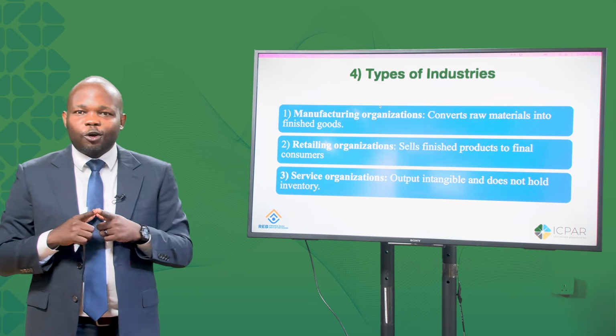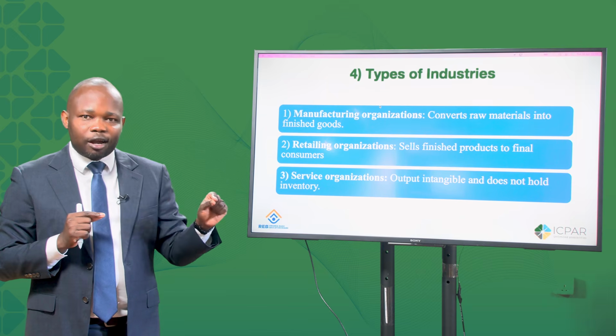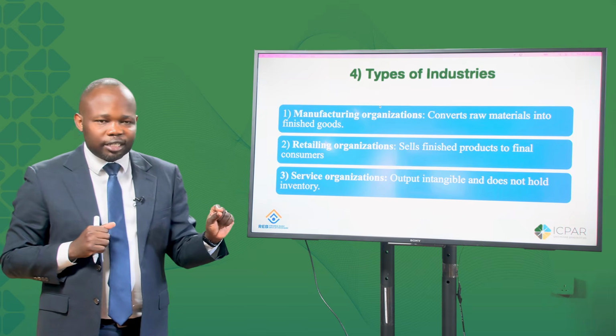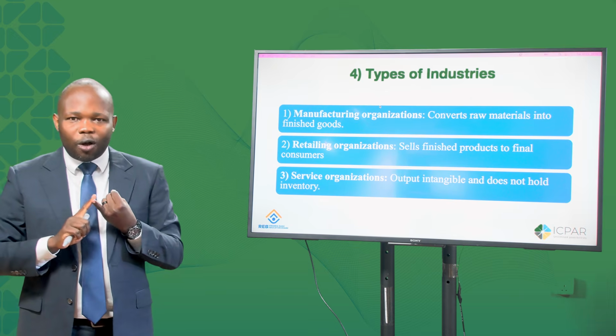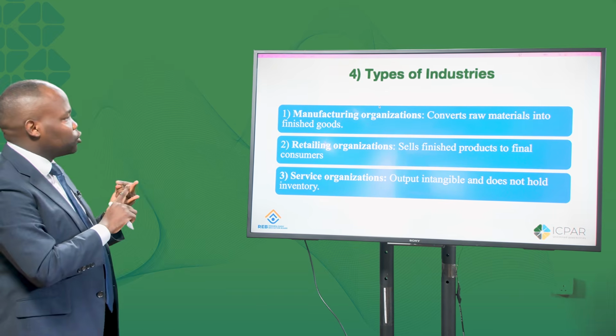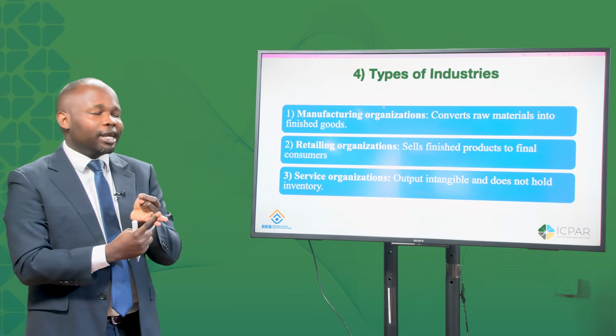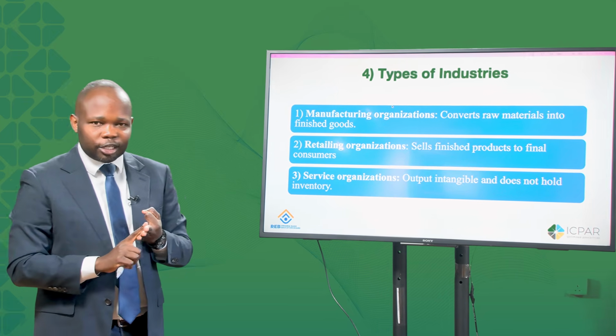Let's now focus on types of industries. Remember, we are laying the background on principles of costing. We have three types of industries. Number one, we have what we call manufacturing industry. Number two, retailing industry or organizations. And number three, service industry or organizations.